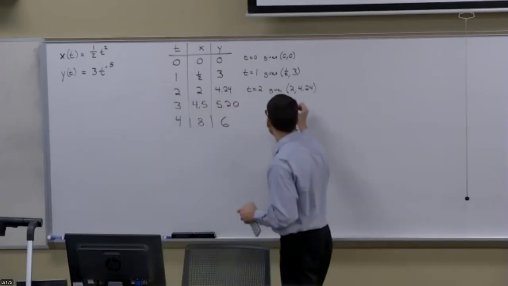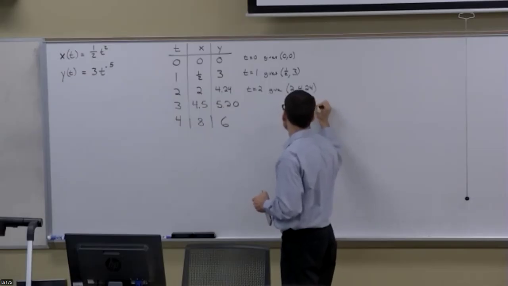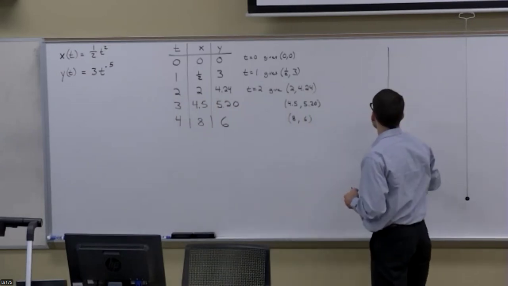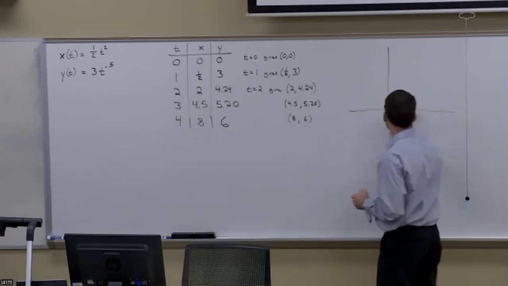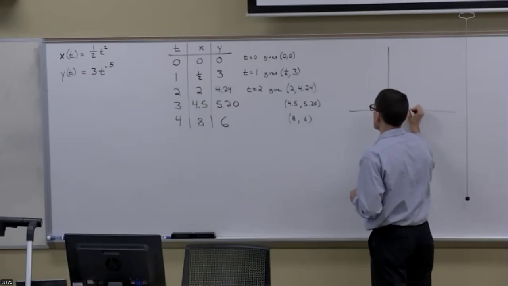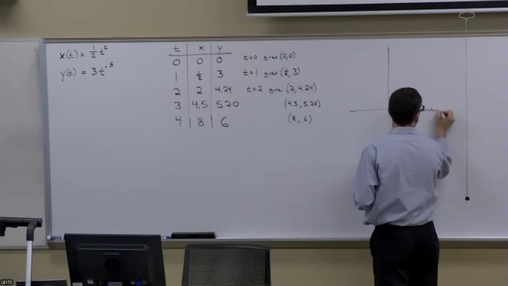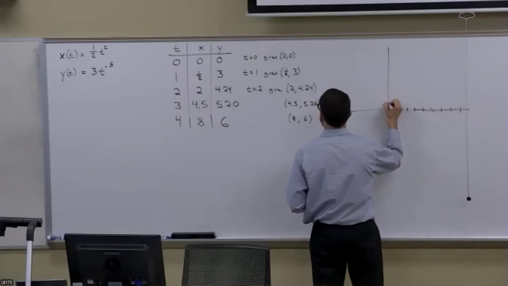All right. Again, here we have the point 4.5, 5.2, and the 8, 6. And we could plot these if we wanted to. Obviously, we have the origin. We'll make some dotted lines here. That might be too big. Probably 4.